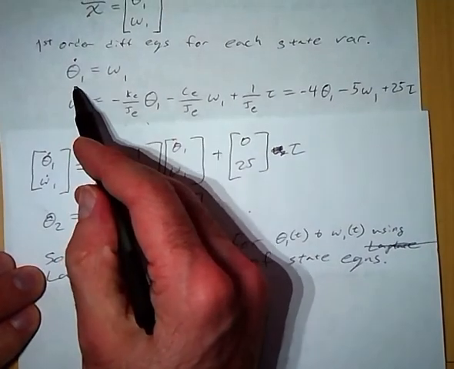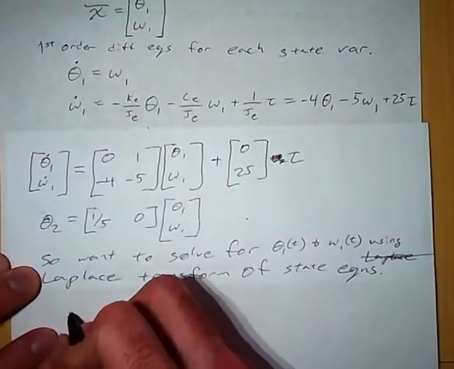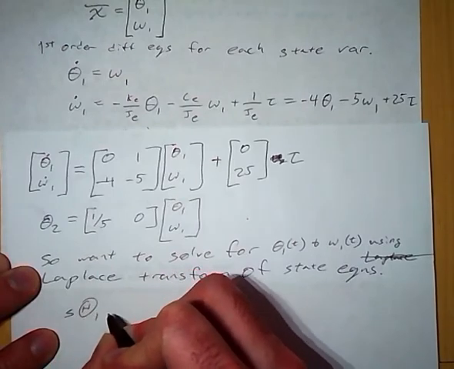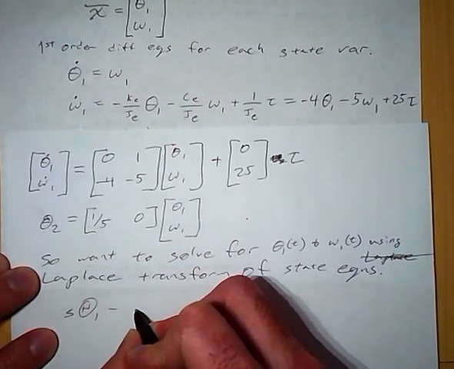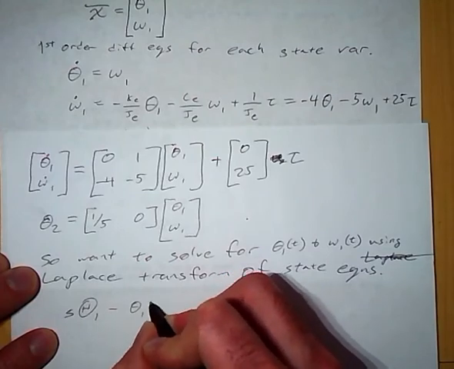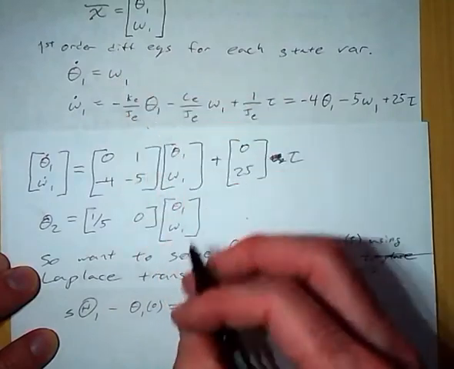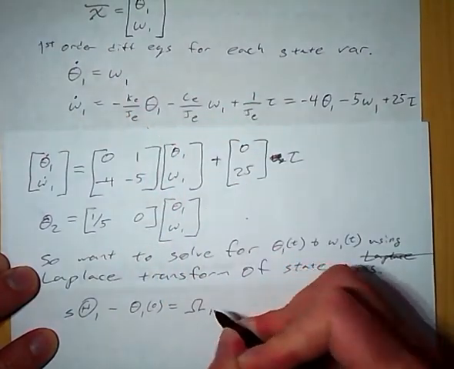So the Laplace transform of this is S times the Laplace transform of theta 1, minus the initial condition of theta 1. And that is equal to the Laplace transform of omega 1, so we'll write that capital omega 1.